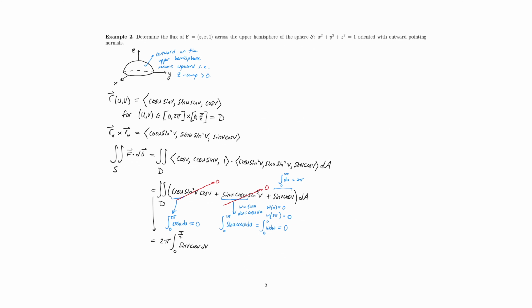We will go ahead and let w equal the sine of v, dw will be the cosine of v dv, w of 0 is 0, w of pi over 2 is the sine of pi over 2, which is 1. So this becomes 2 pi times the integral from 0 to 1 of w dw, which is 1/2 w squared between 0 and 1, which is pi.